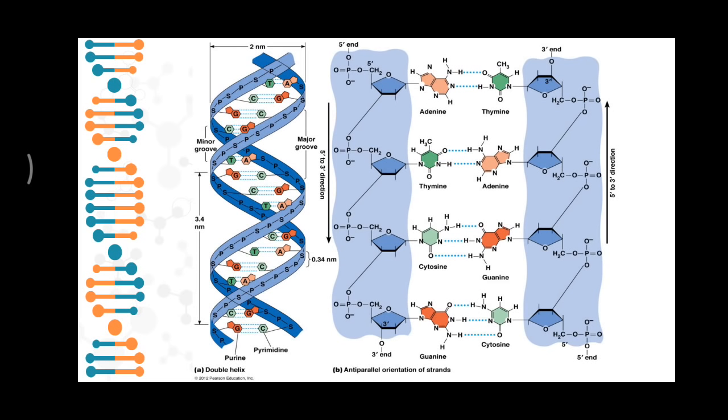And the length of the gaps and grooves: we can see the minor groove over here, which is about 12 Angstrom, and the major groove is about 22 Angstrom, that is about 2.2 nanometer in size. A total helix turn we can see here is about 3.4 nanometer in size, which is about 10.5 nucleotides per turn approximately.